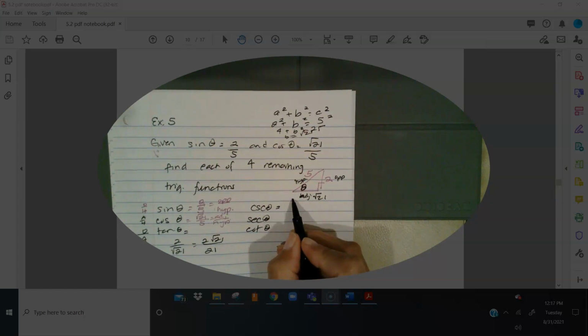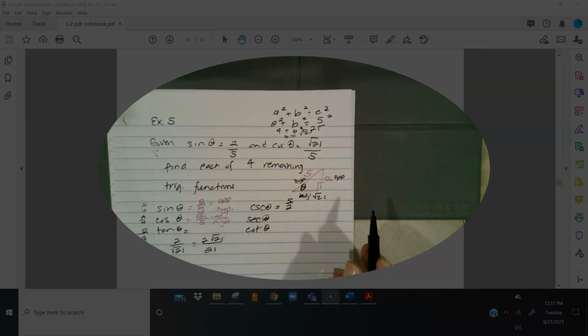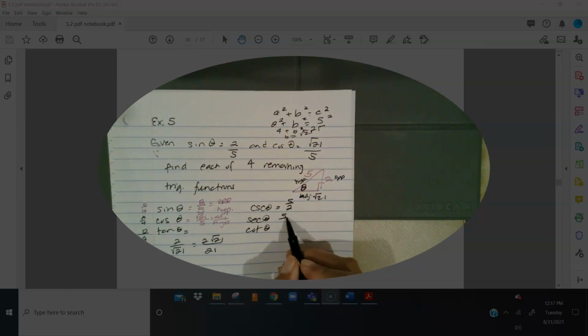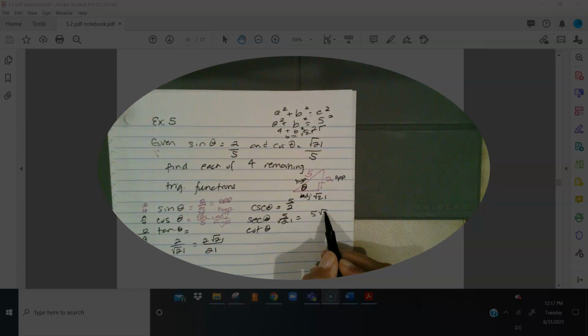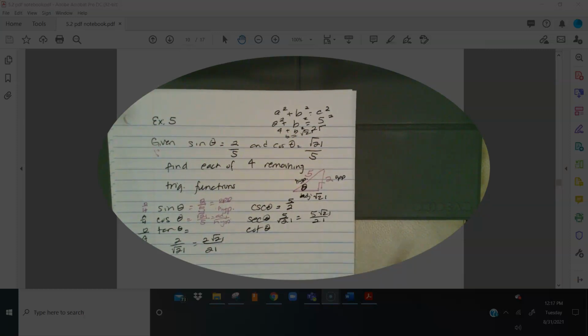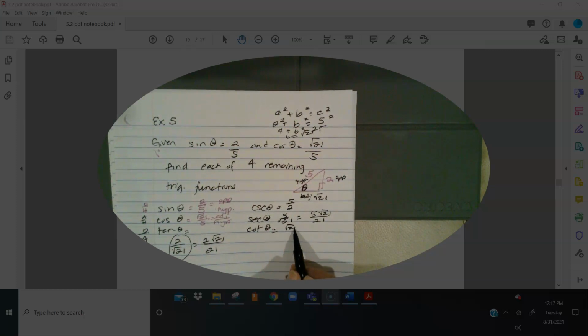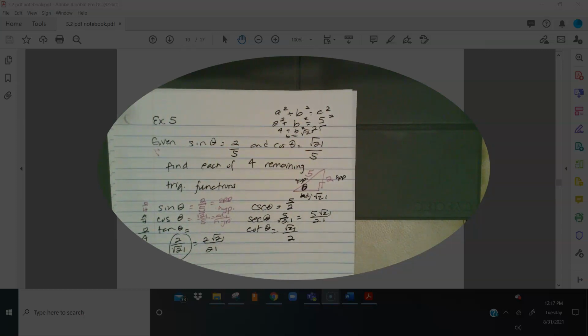Cosecant would be 5 over 2. Secant would be 5 over the square root of 21. Make sure you rationalize. It becomes 5 square roots of 21 over 21. And then the cotangent will be the reciprocal of tangent, which would be, let's start with the original one, square root of 21 over 2.